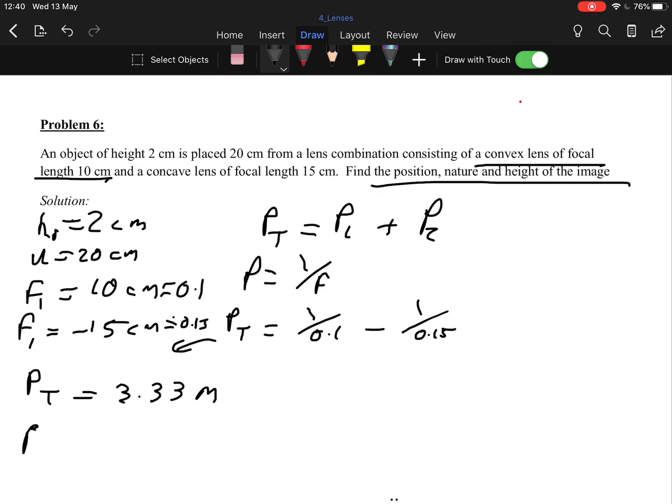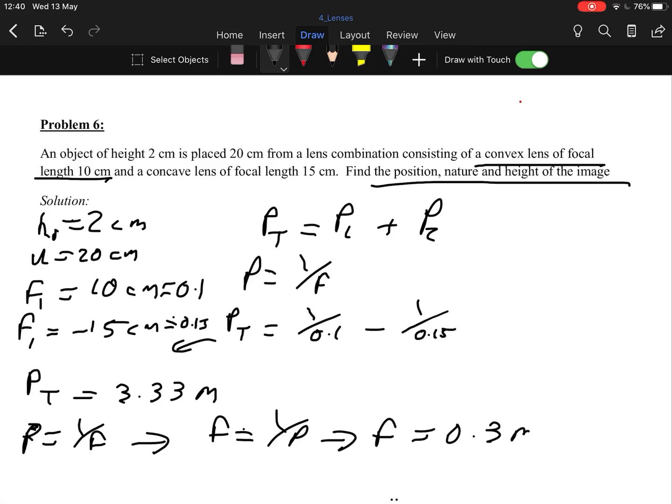All right, so therefore our total lens, P equals 1 over F. So therefore, F equals 1 over P. All right, so F here equals 0.3 meters. So therefore, F equals 30 centimeters. Oh, all right, so why am I doing this? Because we're trying to find the image.